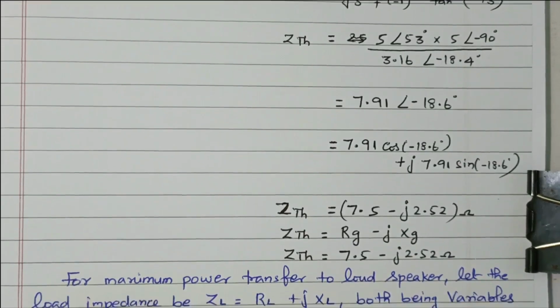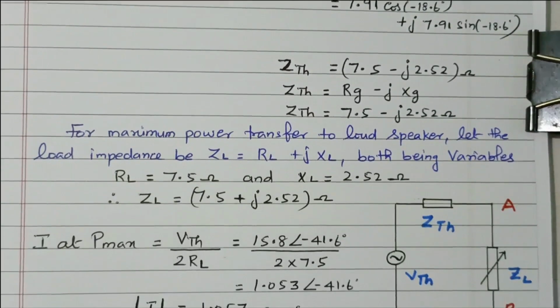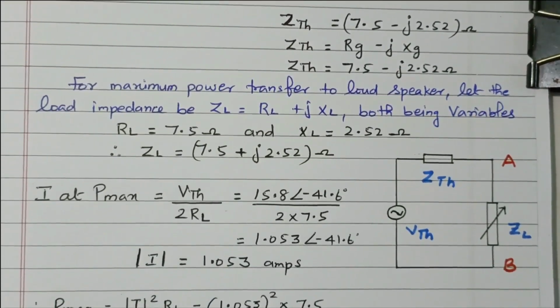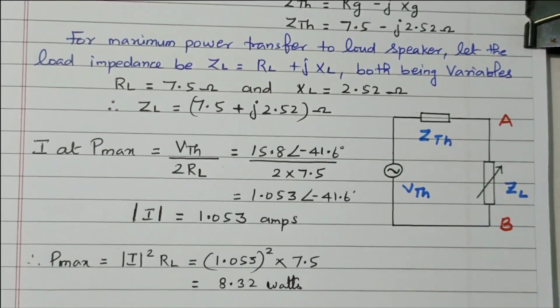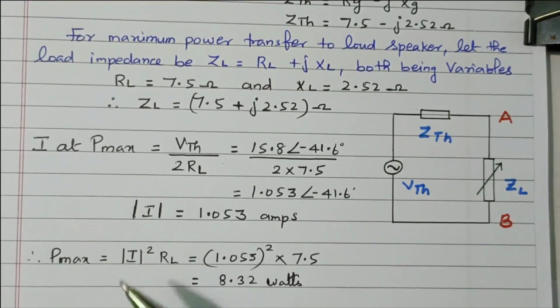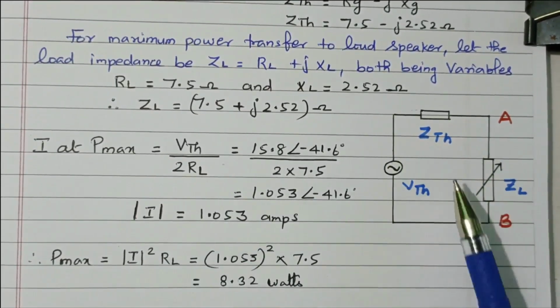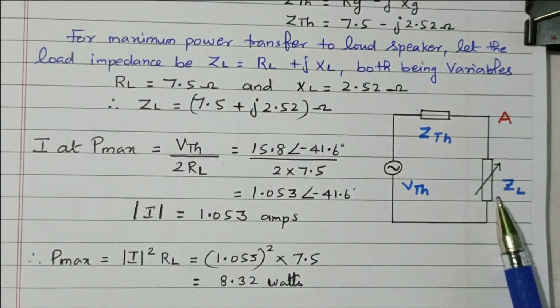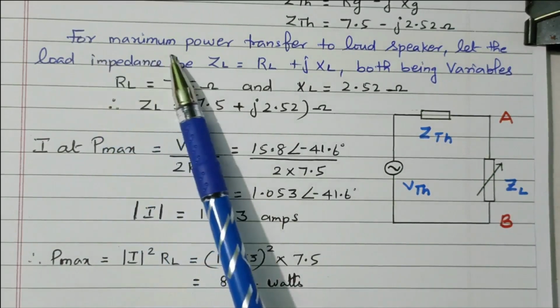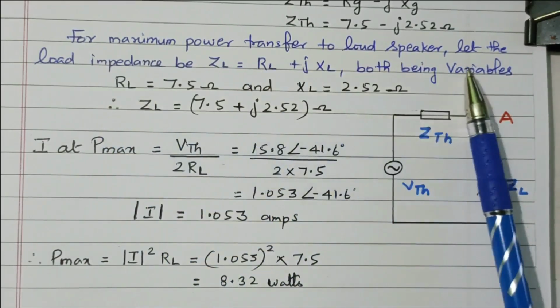Now we calculated both the Thevenin voltage as well as the Thevenin impedance, VTH and ZTH. So from that we can go for the further process. This is the Thevenin equivalent circuit: V Thevenin, Z Thevenin and load impedance. What is the given condition for maximum power transfer to the loudspeaker?